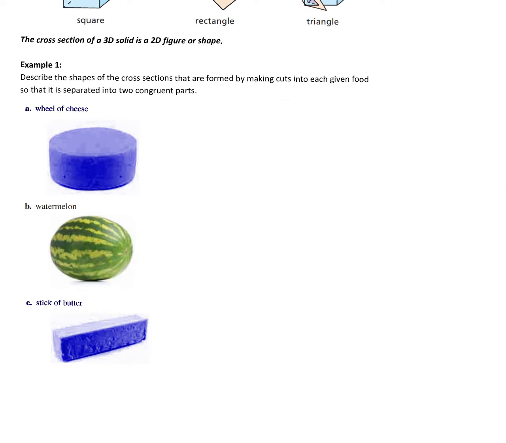In this part, you're going to try on your own to come up with different kinds of cuts you can make in these different things. Now, don't be disturbed by the fact that this cheese and butter are blue. I think they're from a worksheet that was not in color, so there's nothing wrong with them.